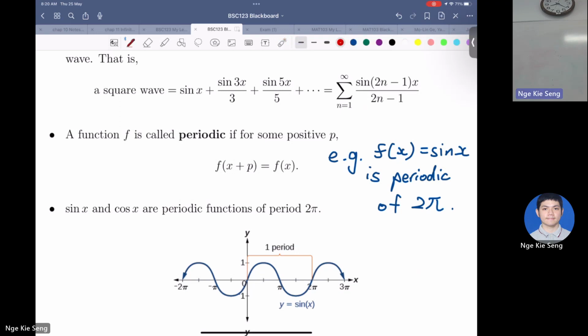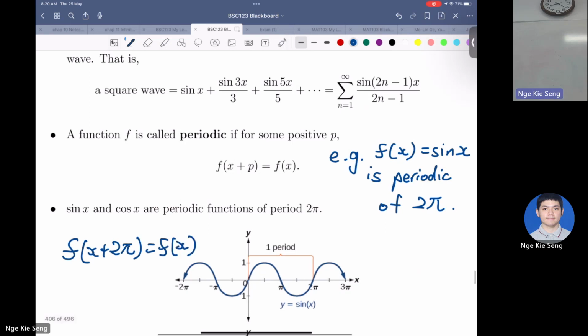It means f(x + 2 pi) = f(x). If you take this point here and compare it with the point 2 pi away, they are the same. So 2 pi is the period.